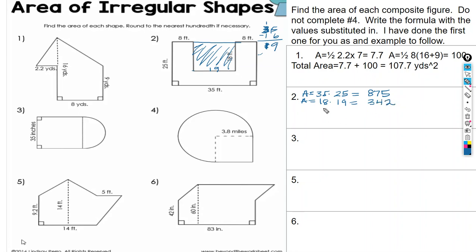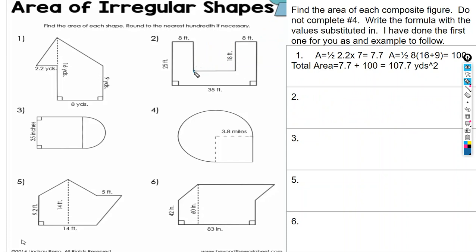Okay, so what I would do then for the total area, because I need to find the total area, I would take 875 and subtract 342, and that would give me 533 feet squared. Okay, so there's the answer for that one in that method.